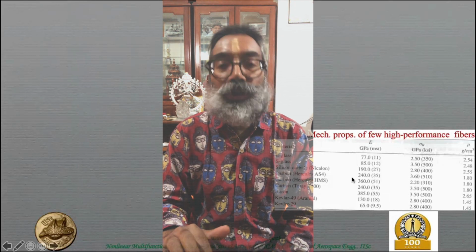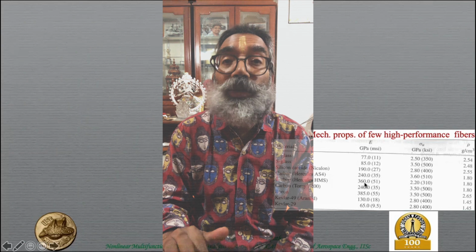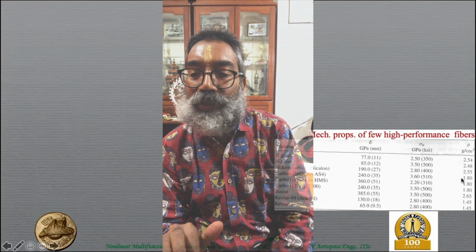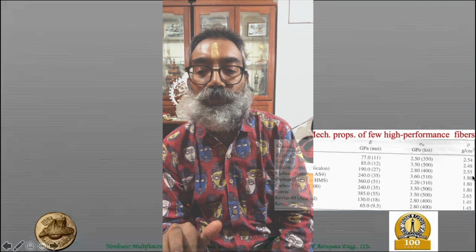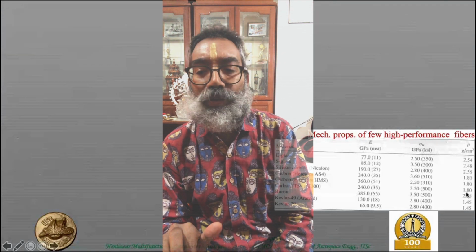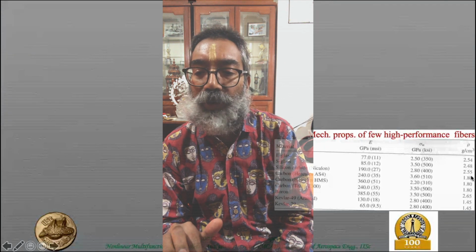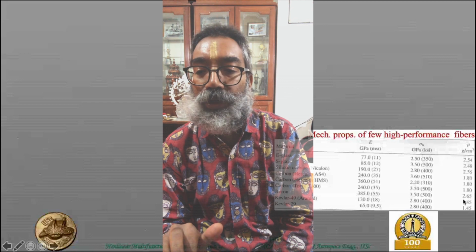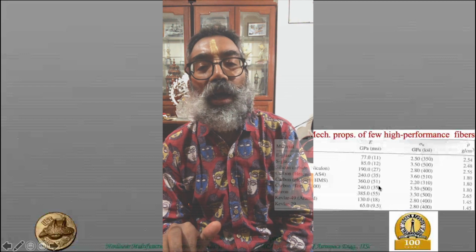In most cases, the density is not different amongst these. There can be differences in the third decimal place, but all three have about 1.8 as the relative density. That is, 1800 kilogram per meter cube is the density for these.